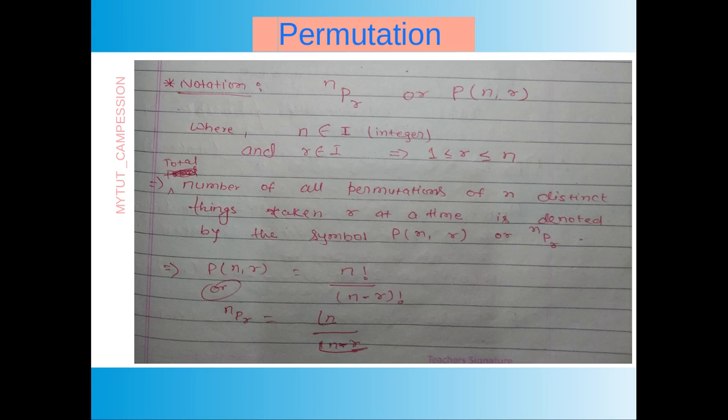R is possible up to n, not more than n. The total number of all permutations of n distinct things taken r at a time is denoted by the symbol P(n, r) or nPr. Now nPr is equal to n factorial divided by (n minus r) factorial.